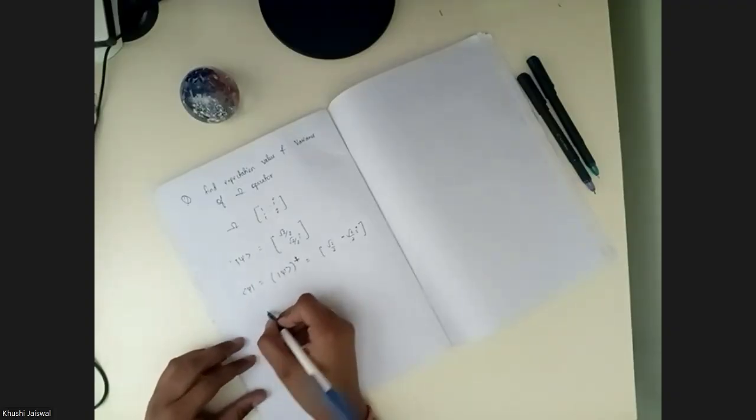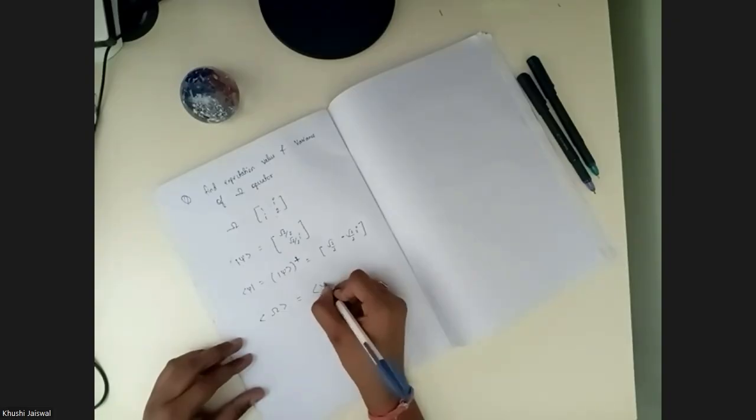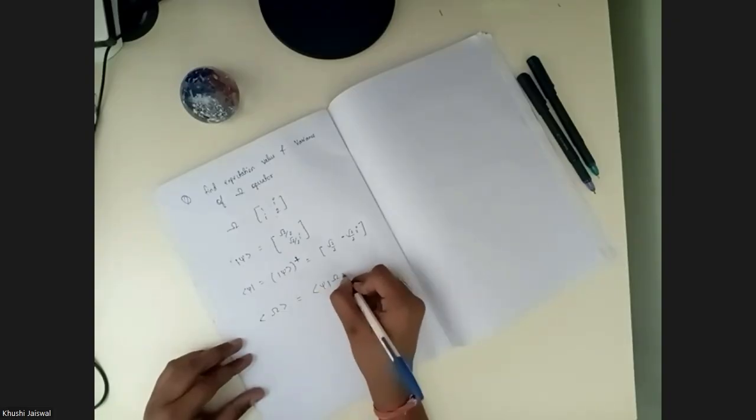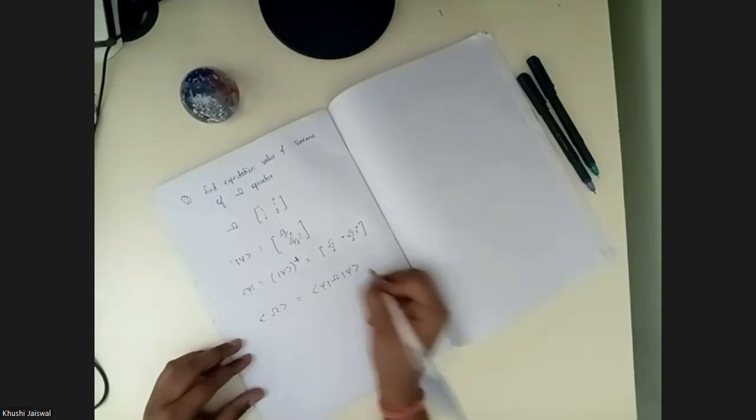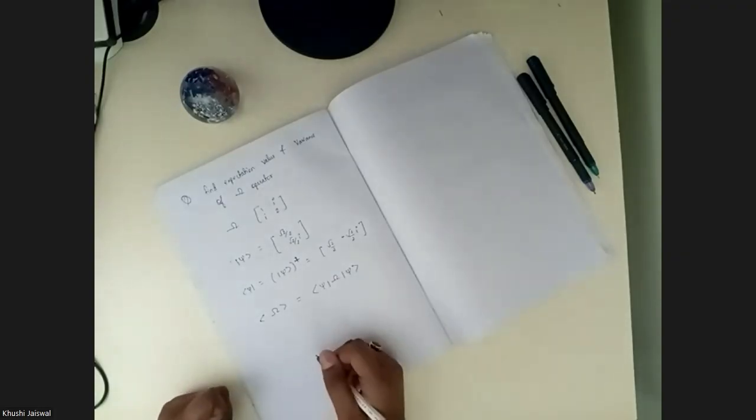Now for the expectation value we are going to need the Omega operator, which we will write as bra psi Omega operator ket psi, and that's how we are going to find the expectation value.